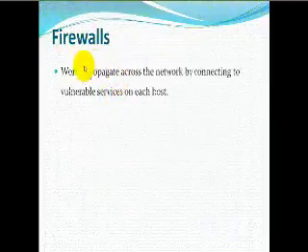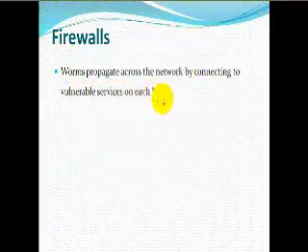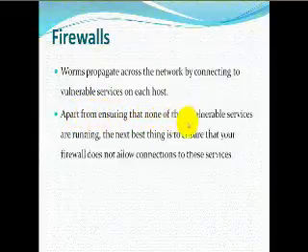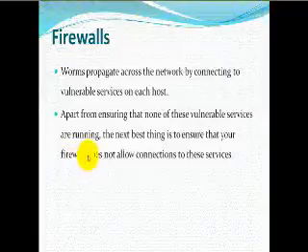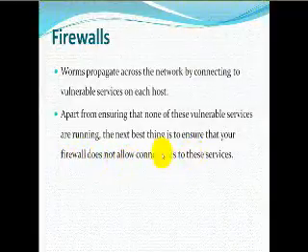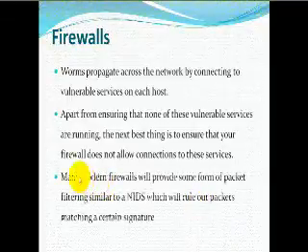Firewalls, most probably you have heard of these very often. Worms propagate across the network by connecting to the vulnerable services on each host. Apart from ensuring that none of these vulnerable services are running, the next best thing is to ensure that your firewall does not allow connections to these services.